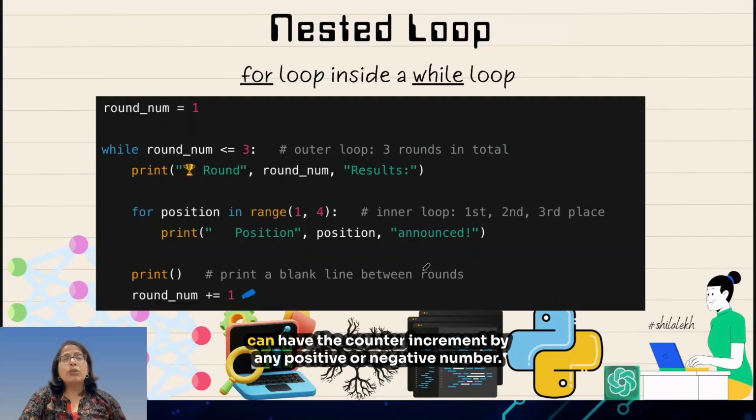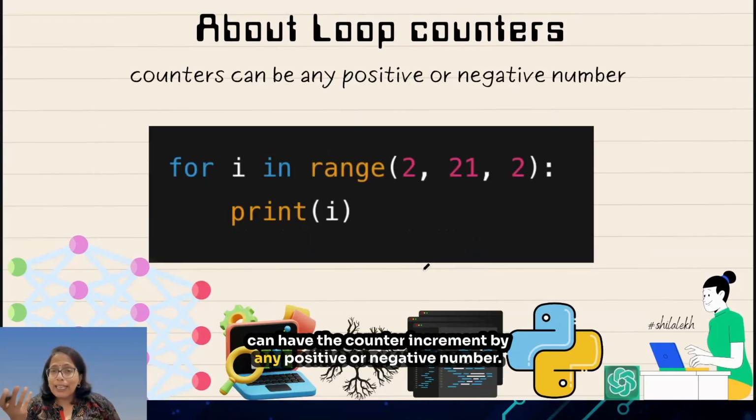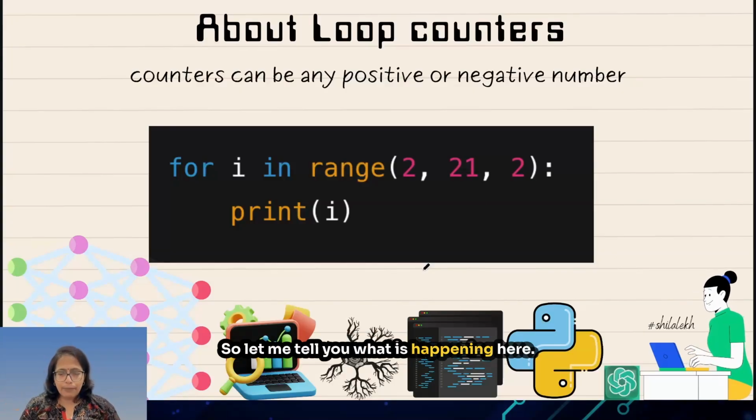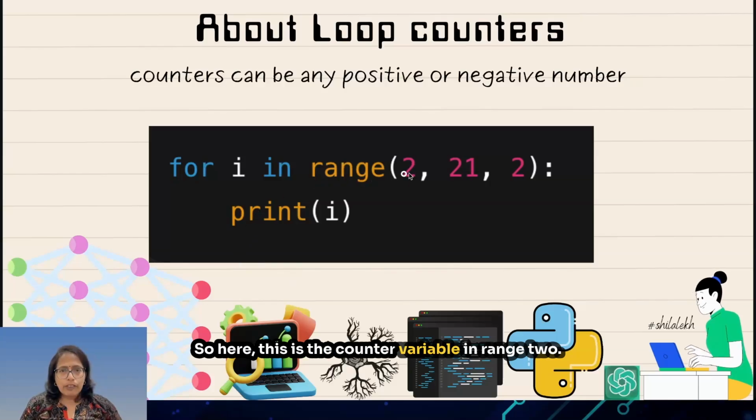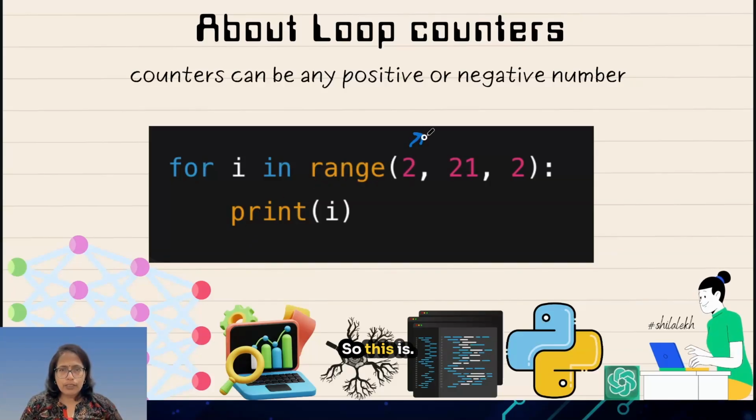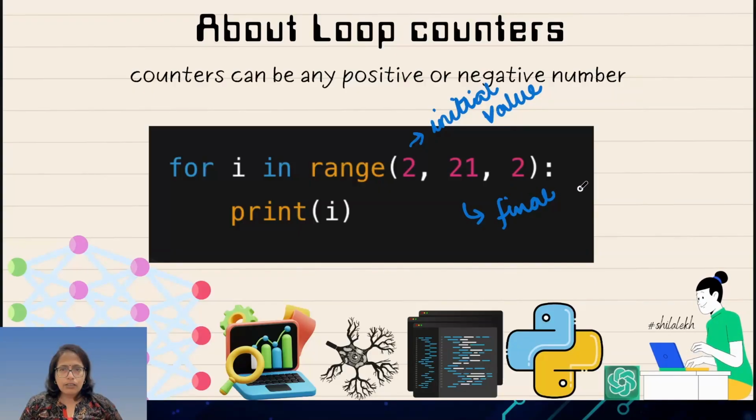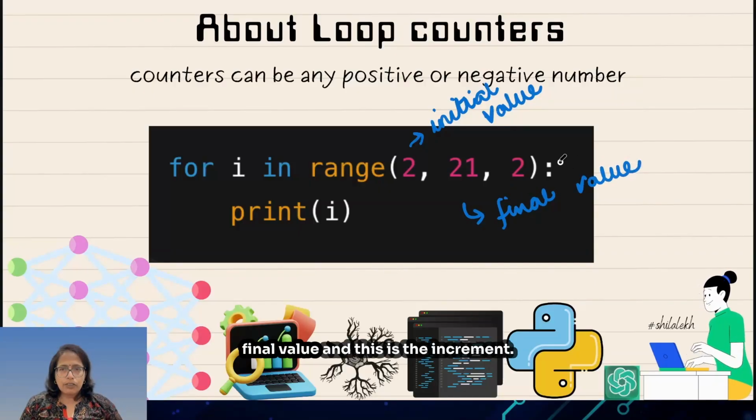You can have the counter increment by any positive or negative number. So let me tell you what is happening here. Here this is the counter variable in range 2. This is the initial value, this is the final value and this is the increment.